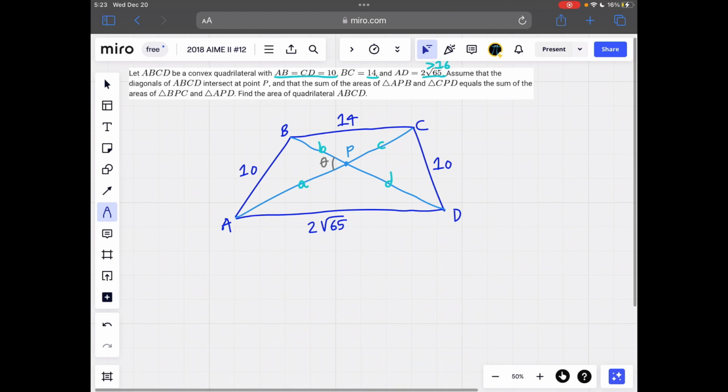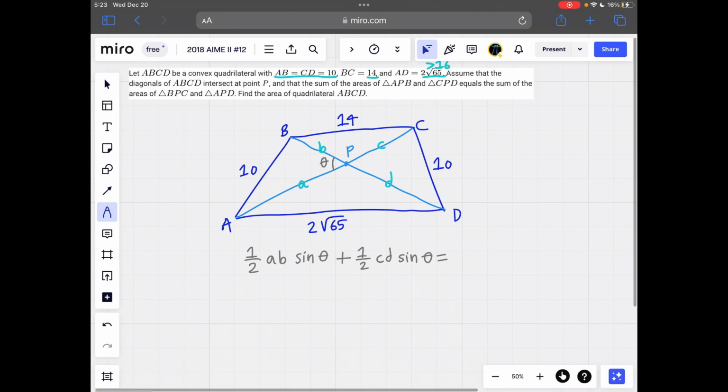The area of triangle APB is 1/2 ab sine theta. The area of triangle CPD is 1/2 cd sine theta. This is the sum of the areas of triangles APB and CPD, and it's equal to the sum of the areas of BPC and APD.